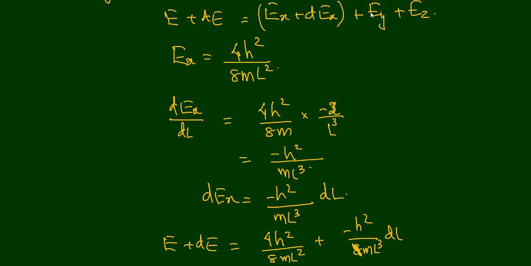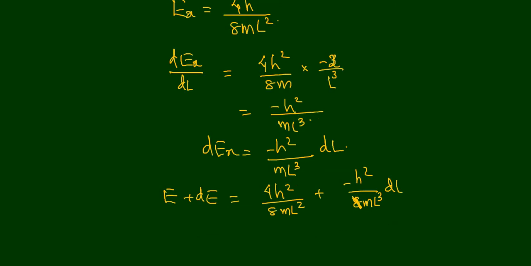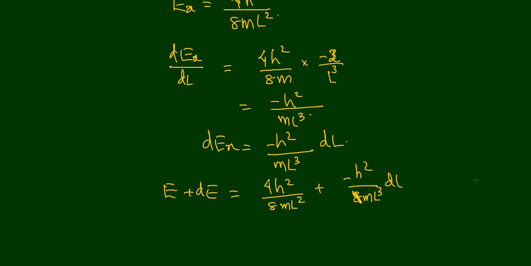You know that Ey is equal to ny² h² divided by 8ml². So ny is equal to 1 in this case, because we are considering the 2 1 1 state. So h² divided by 8ml² plus h² divided by 8ml² for Ez.